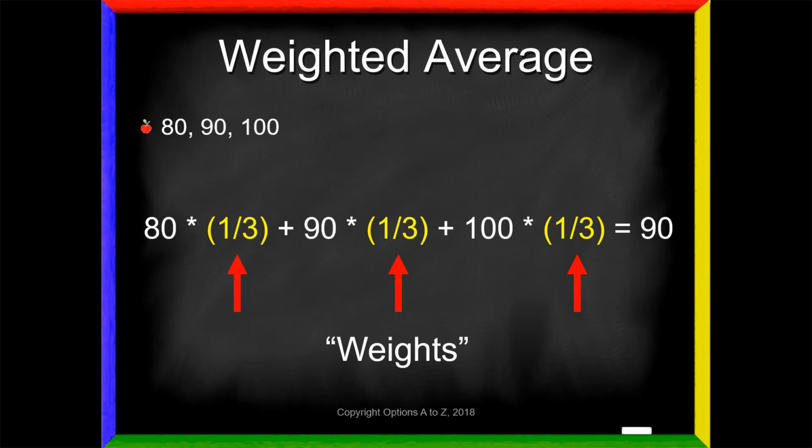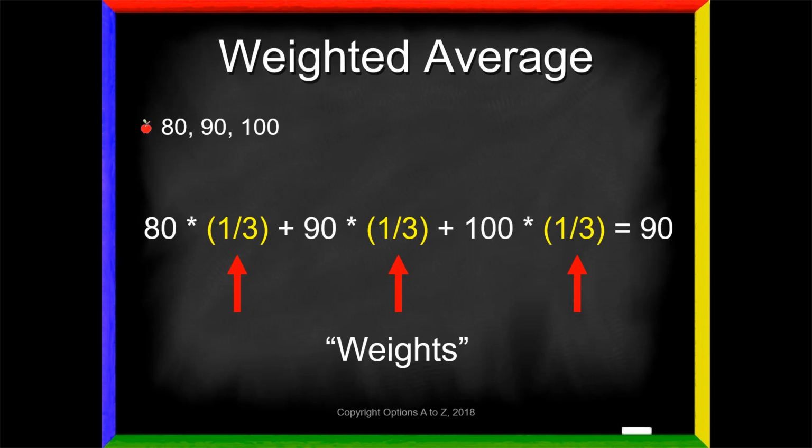And so each score is equally weighted, so that's why we typically don't think of it as a weighted average or even go about calculating it in this roundabout fashion. We would just add up the numbers, divide by 3. Mathematically, it's the same thing. But you can see that if I took 80 times a third, plus 90 times a third, plus 100 times a third, I would still get 90. So a standard regular average is technically a weighted average.